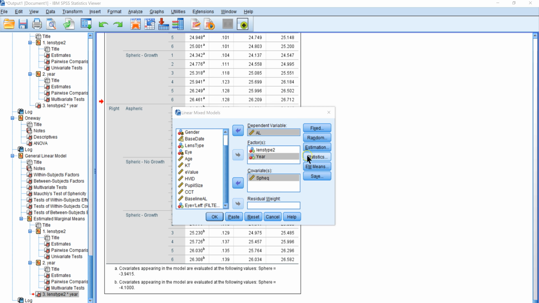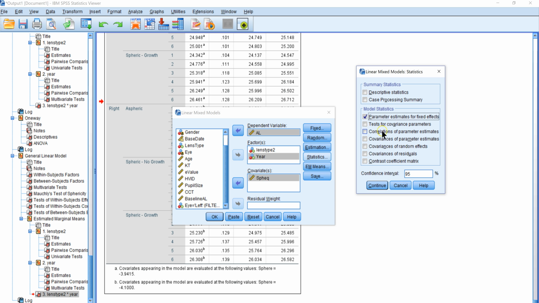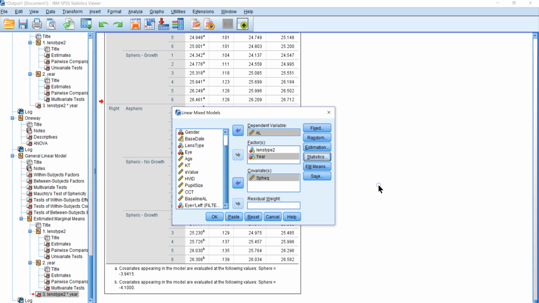I guess we should look at the parameter estimates since we have statistics, parameter estimates, so we can get the spherical equivalent. Notice spherical equivalent sphere is not the same thing. The other one we did sphere, this one we have spherical equivalent, so we're going to use it.